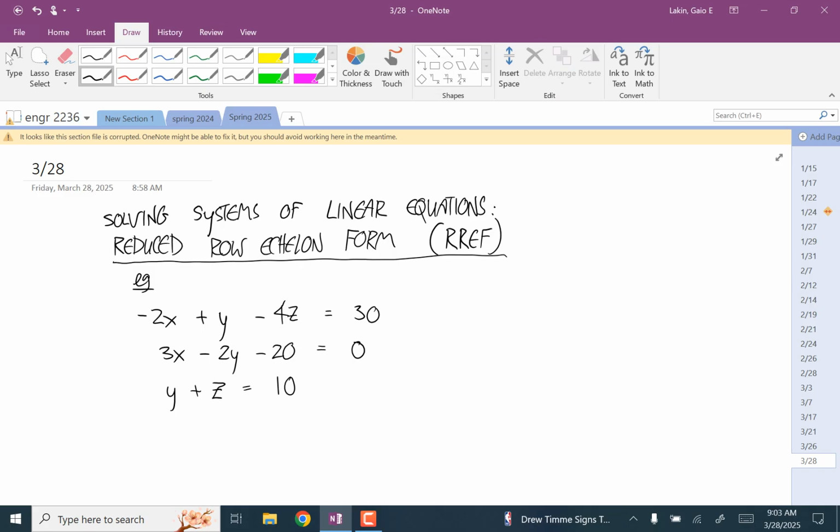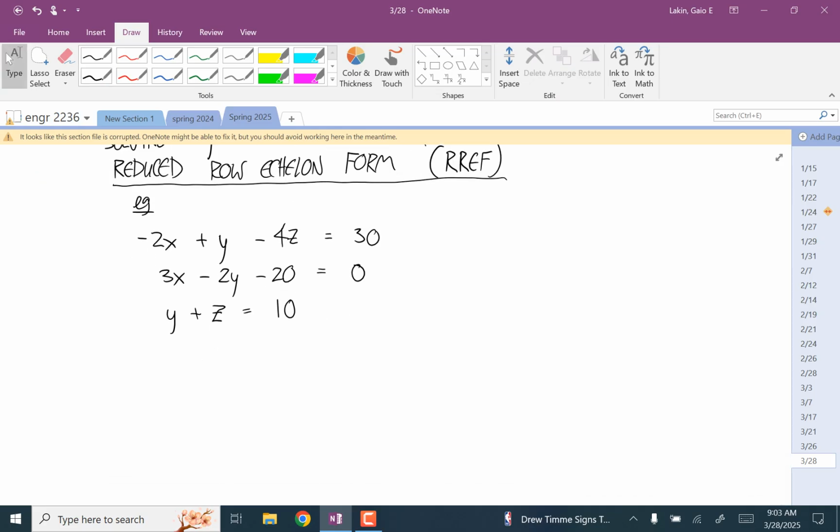Okay. The first step is to create what's called the augmented matrix.